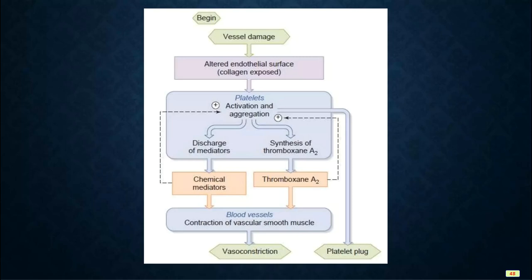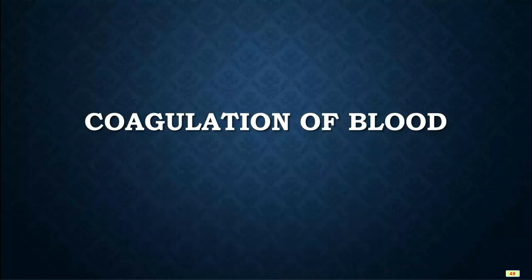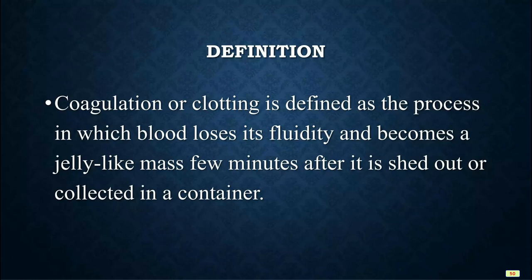Then chemical mediators contract the blood vessel, and ultimately vasoconstriction happens. The synthesis of thromboxane A2 further supports this process, and a platelet plug or white plug will be formed, and coagulation of the blood takes place as the subsequent mechanism.